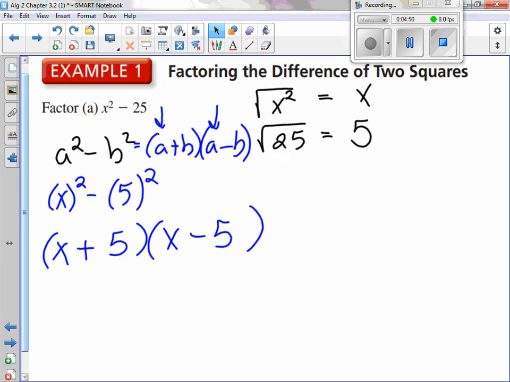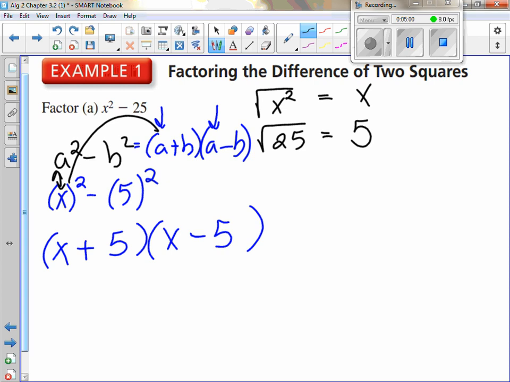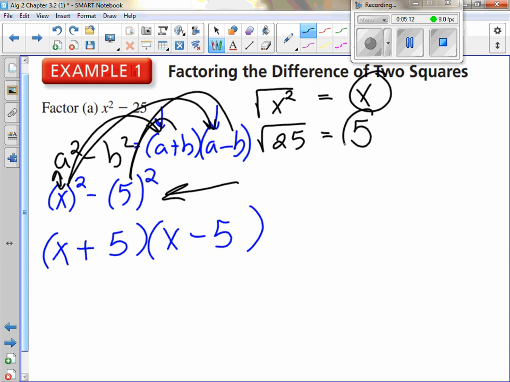Well, I wrote it that way just so we can distribute and connect the fact that x is a, so x is also going to go in here and here. 5 is b, so it goes here and here. So we don't necessarily need this step, because we could see, okay, this is a, this is b, plug them in.